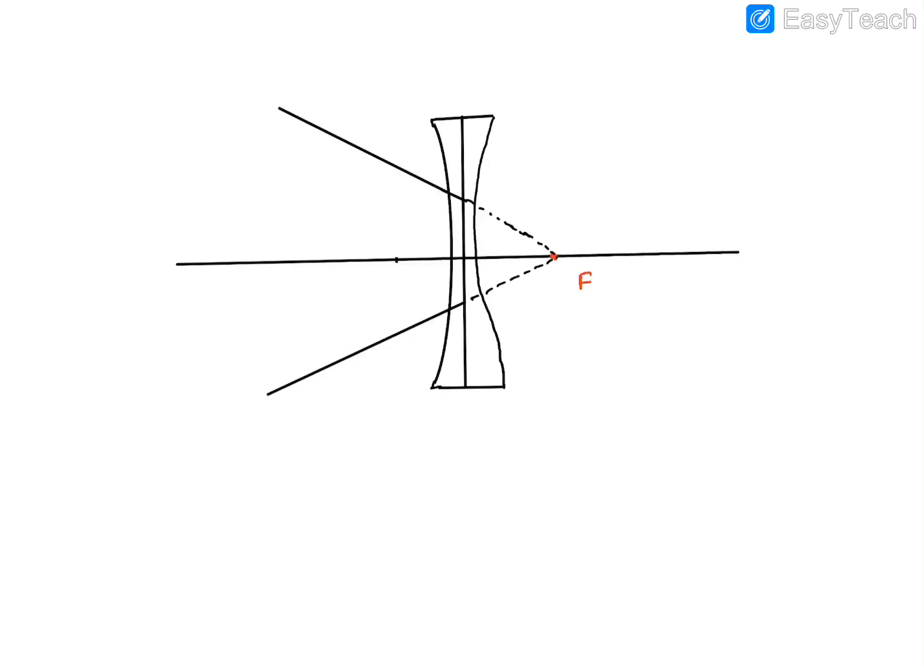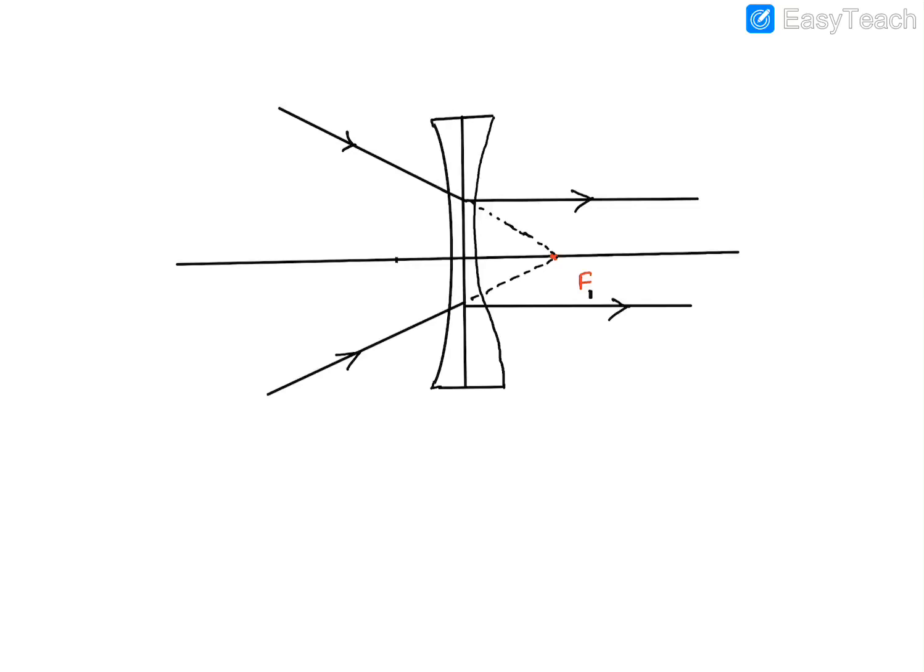But after refraction, these light rays will go parallel to the principal axis. Even this will go parallel to the principal axis. So this is the path of the light ray. Got it? The light rays appear to come from here, then after refraction through the lens, they go parallel to the principal axis, and this is called the first focal point.